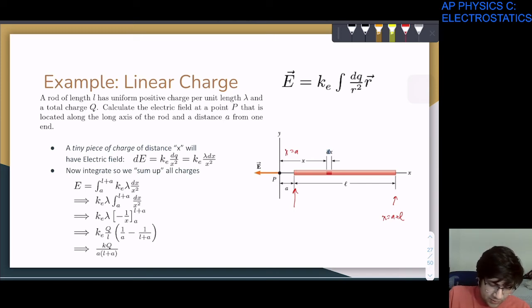So the limits of our integral are going to be from a to L plus a. And if we solve this integral, we can take out k sub e because it's constant. We can take out lambda because it's constant. So we end up integrating this over here, whose integral is this, and then we plug it in, and we end up getting this over here.